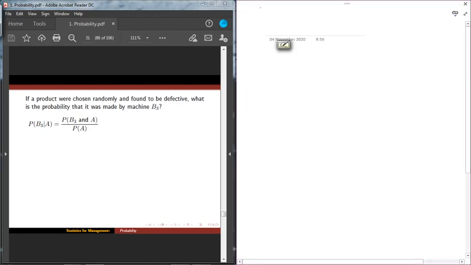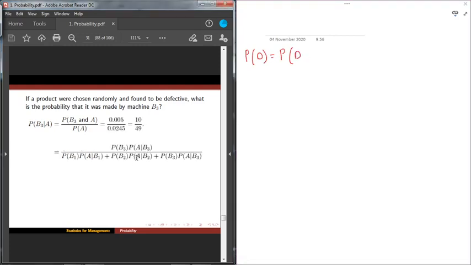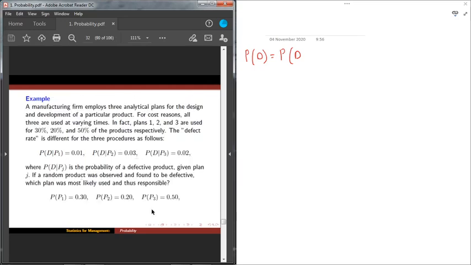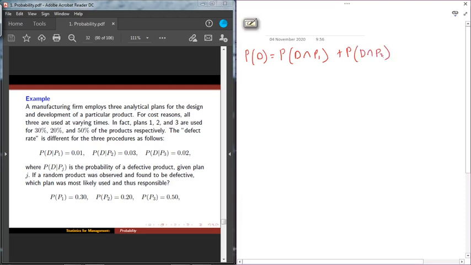Plus all the probability associated with D. Here the D is associated with P1, P2, P3, all the associated probability with D.